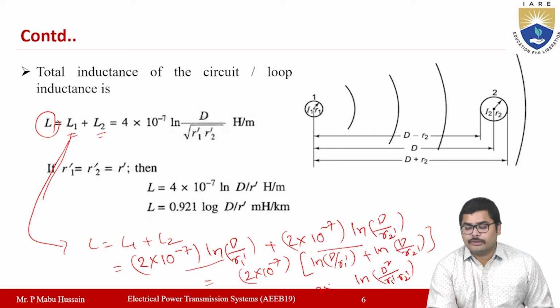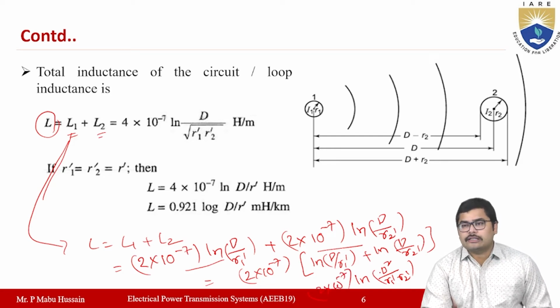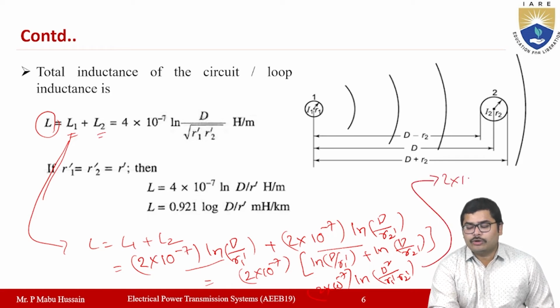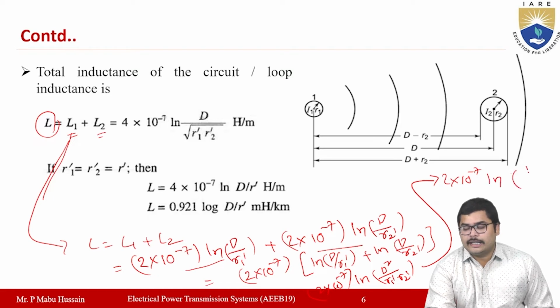So it is 2 into 10 power minus 7 ln d square by R1 dash R2 dash, which you can also write as 2 into 10 power minus 7 ln of d by root of R1 dash R2 dash, whole square.